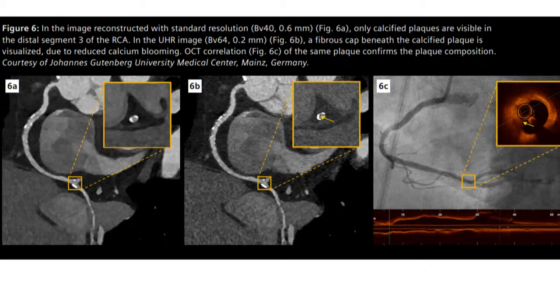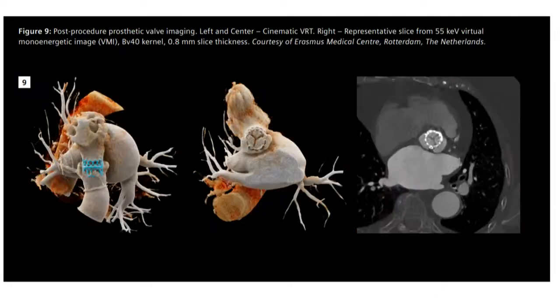Okay, now for plaque characterization, you can see here this regular energy CT. You don't know if there's some soft plaque or not. With ultra high resolution, you can tell it's mostly just calcific plaque only, and that's confirmed by OCT, intracoronary OCT.